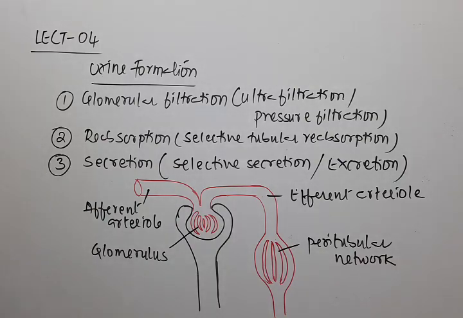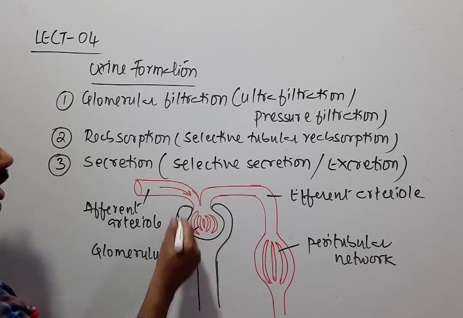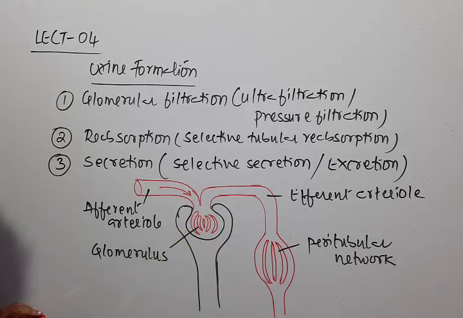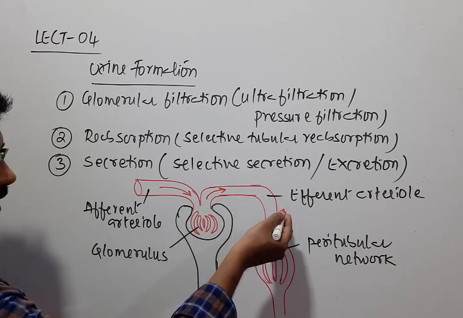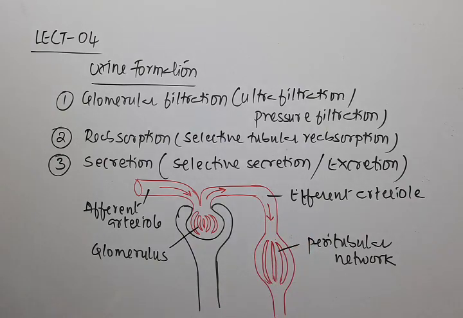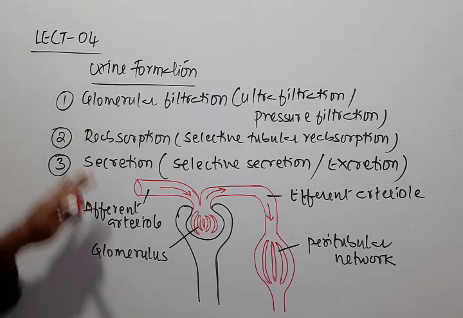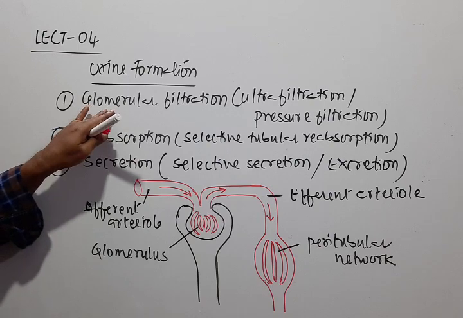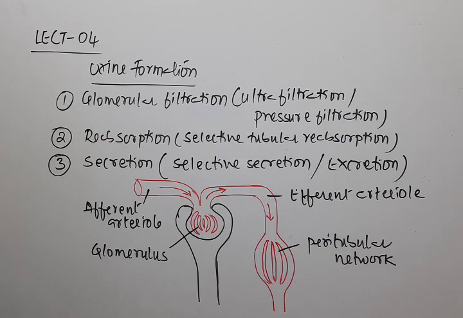And we know the blood flows from the afferent arteriole into the glomerulus, where the filtration process takes place, and from there the blood enters the efferent arteriole, then passes down into this peritubular network. So now let's see where glomerular filtration takes place, where selective tubular reabsorption takes place, and where selective secretion takes place in this picture.